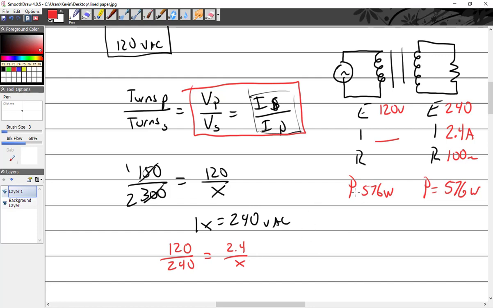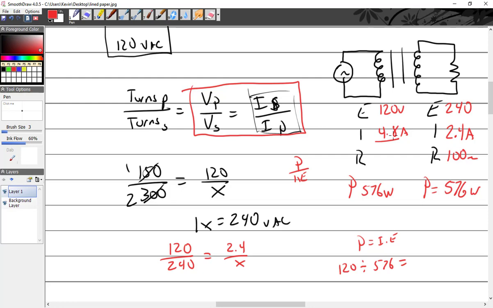Or since P equals I times E, I can do the little pyramid, PIE, and I want to solve for I, it is P, 576, divided by 120. So I can use either formula here. You have two ways to get I, and I is therefore 4.8. And if you didn't want to do it that way, you could also figure that this times 2 is that, therefore this times 2 must be that.